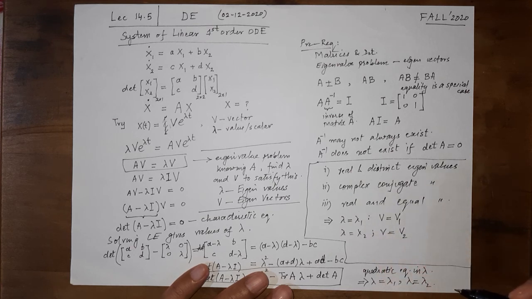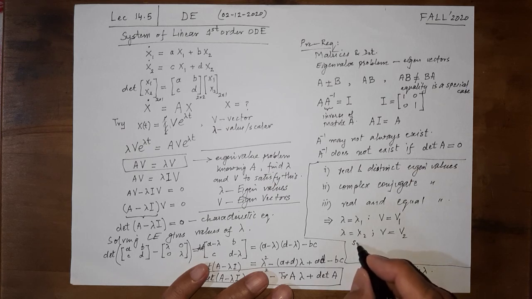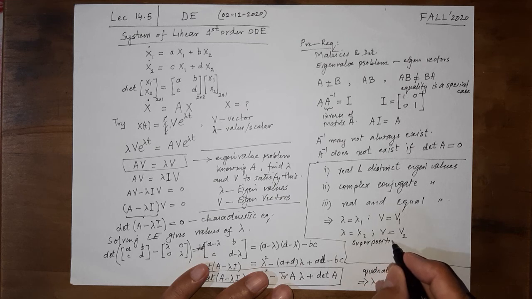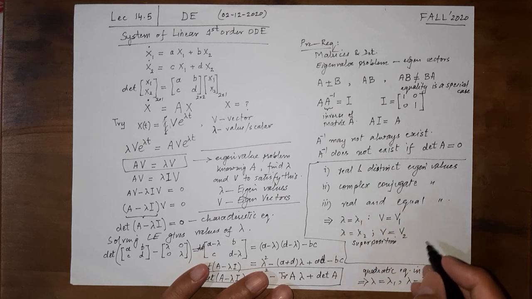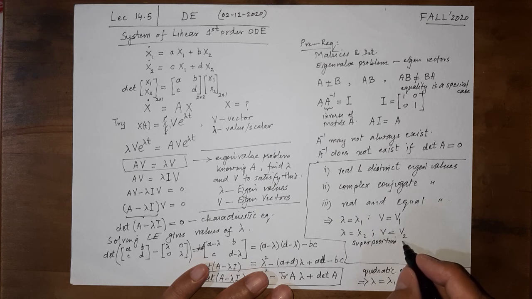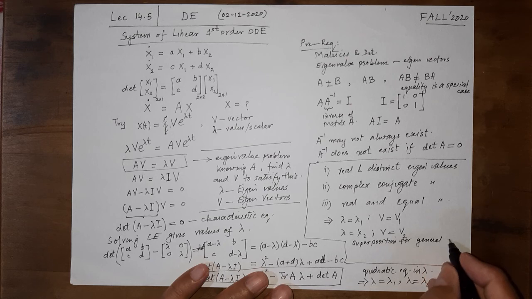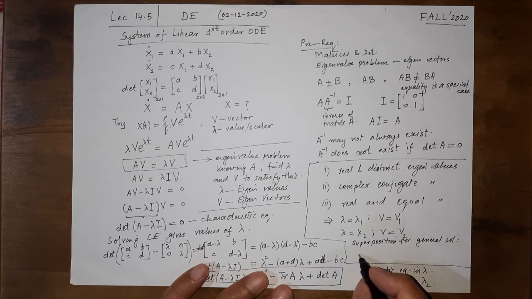So for each eigenvalue there will be an eigenvector, and we are therefore going to have two eigenvalues and two eigenvectors. Let us now use superposition and include each of the eigenvalues and eigenvectors in the general solution. How?